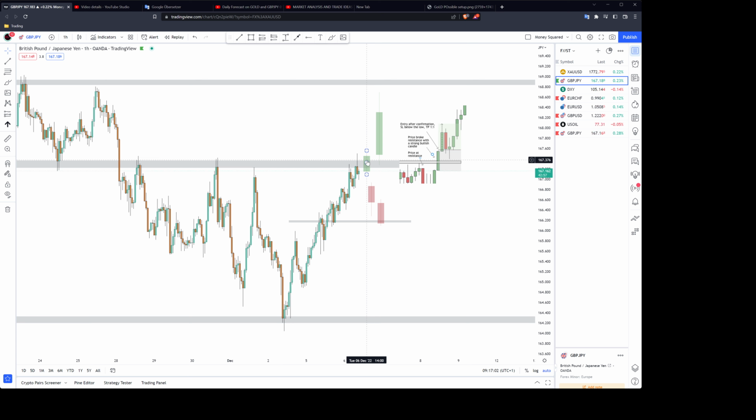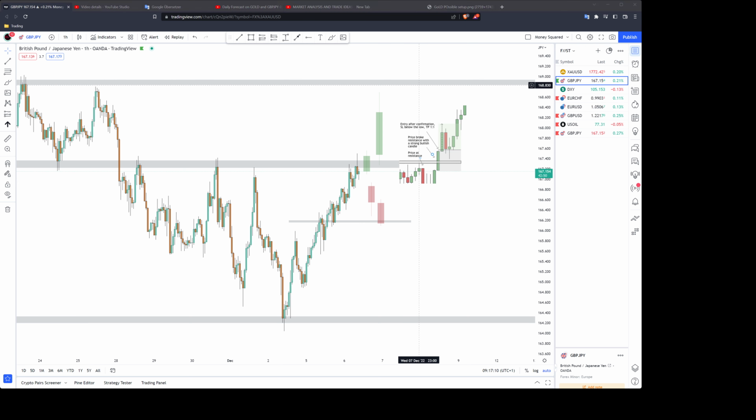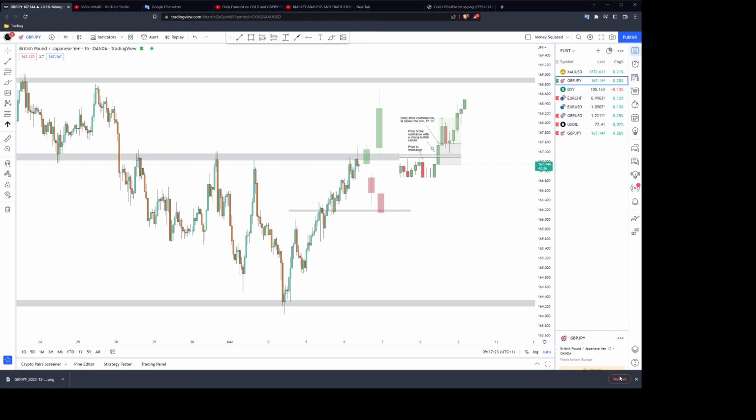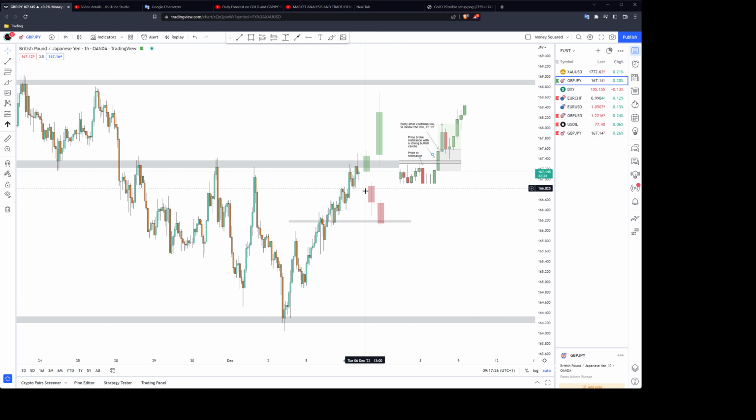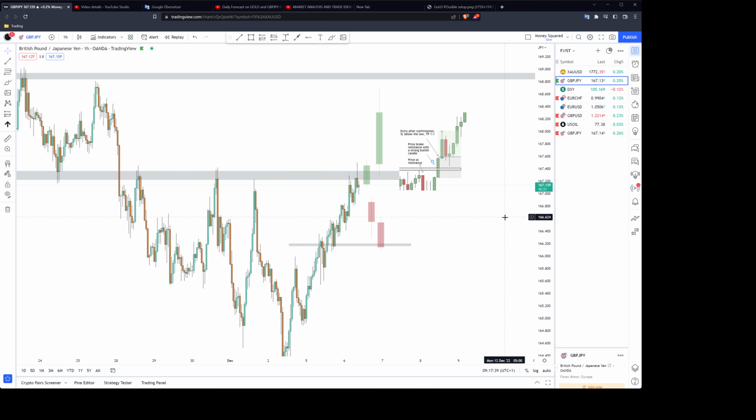For buys, if we break and close above this range, the next candle should just move up. So we go ahead and save this also. We need to always take care of our trading plan and not just enter sells here and then be psychologically beaten, because after each loss we tend to shake our psychology.